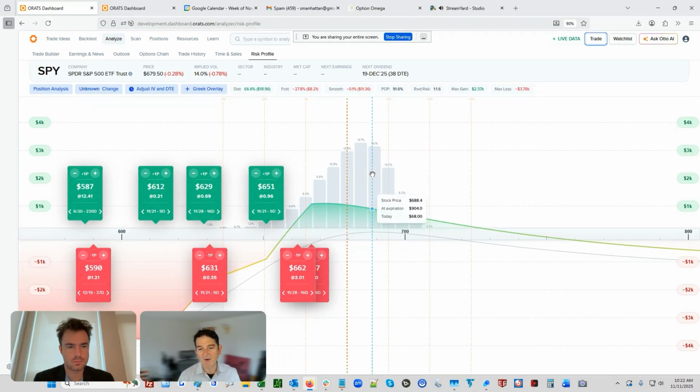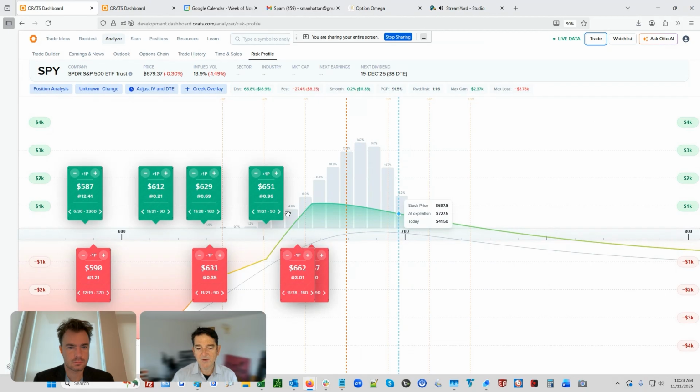They both add up to 100%. In this case probability of profit looks pretty high because most of the distribution is in the green. But the expected return might be a different story because the magnitude of the negative is bigger. Does that make sense, Tyler?